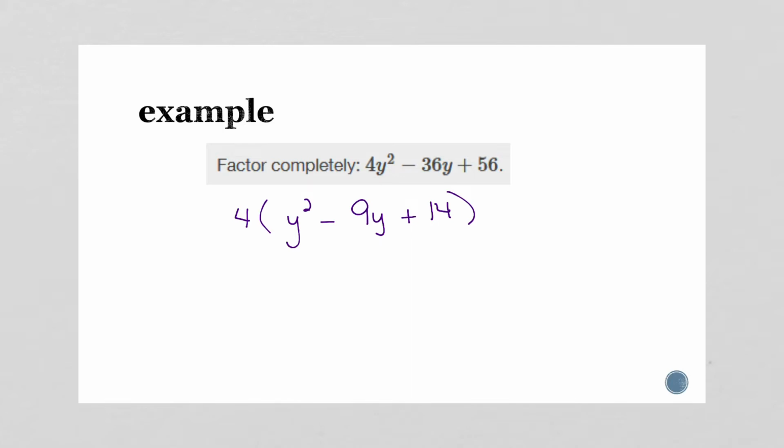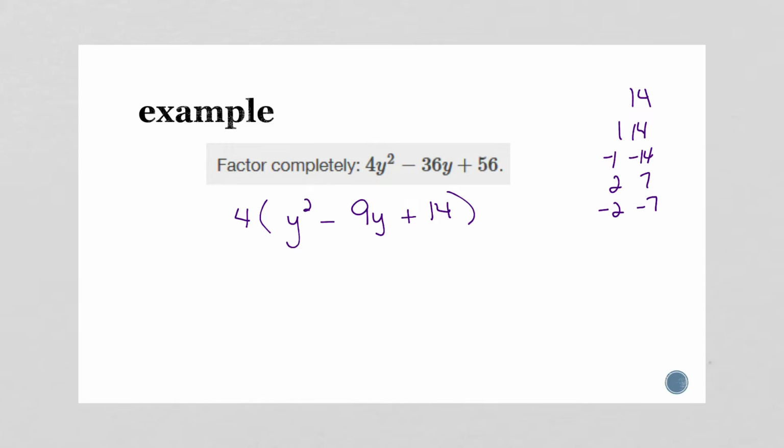Now let's see if this polynomial is factorable. Again, this 4 is just going to follow us around till the very end. So I've got a 1 and I've got a positive 14. I'm going to write that off to the side. My pairs of factors that multiply to be 14 are 1 and 14, negative 1, negative 14, 2 and 7, and negative 2, negative 7.